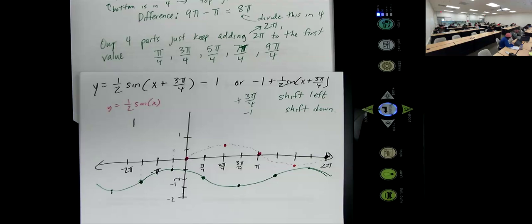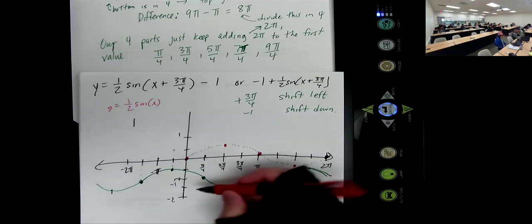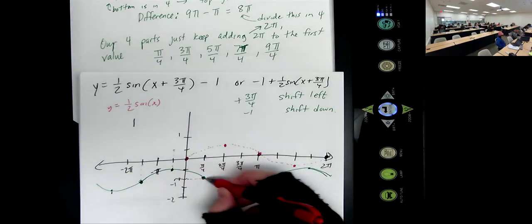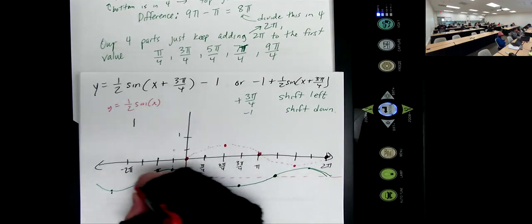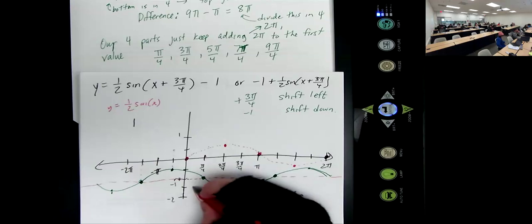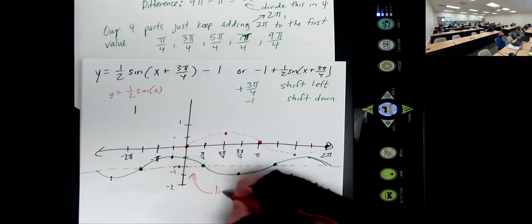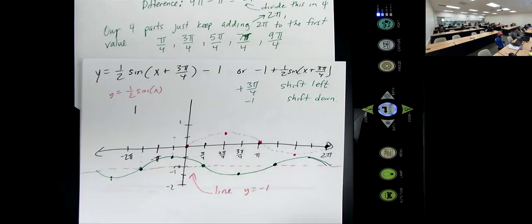So sine kind of wiggled around the x-axis. Now it's kind of wiggling around a different line. If I put in the line y equals -1, the sine curve is now waving around that.